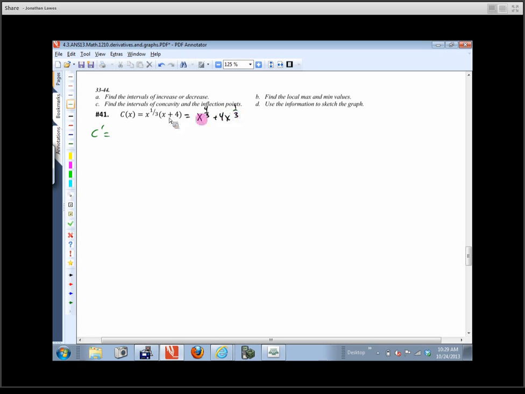The advantage I have now is this is just a couple of power functions, so I can find the derivative of each one separately using the power rule and then combine the results. So this is going to be 4/3 x to the positive 1/3 if I reduce that by 1, and this is going to be 4 times negative 1/3, so negative 4/3 x to the negative 2/3. Everybody with me there?